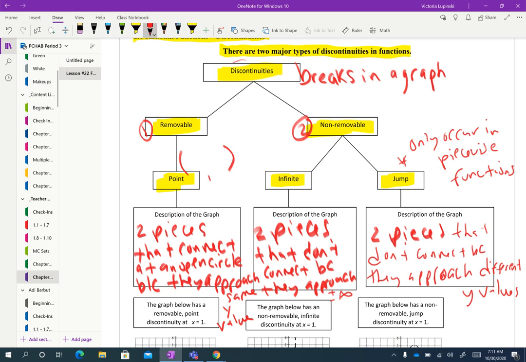Once you realize that there is a break in the graph, that's how you know that you have a discontinuity. You would then have to train your brain to start thinking about, is it removable or non-removable? If it's removable, how do I find the point and what does it mean? Whereas if it's non-removable, which of the two, infinite versus jump, is it? And then again, how do I find it?